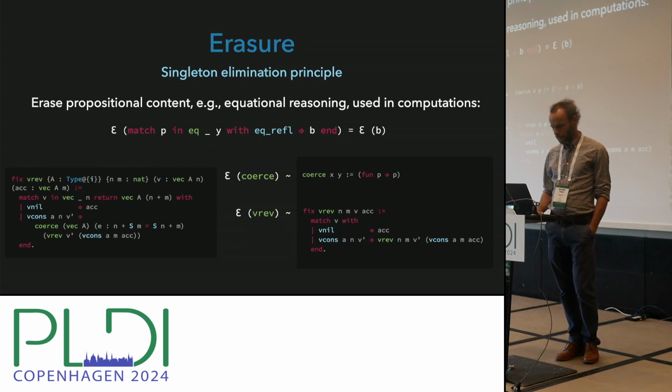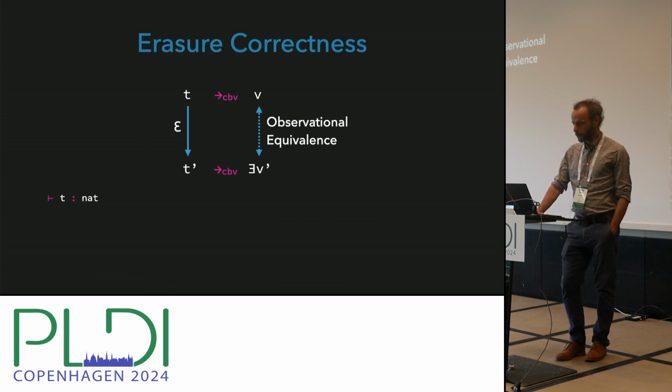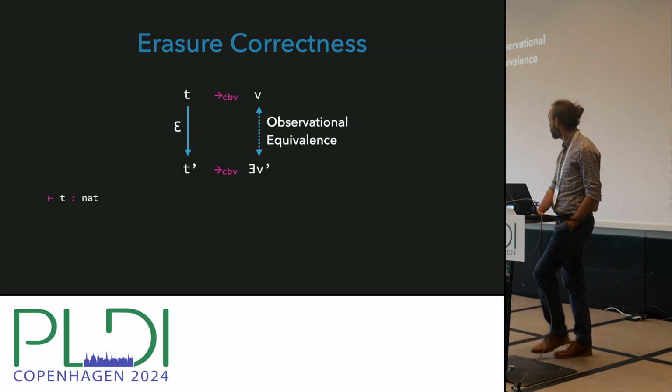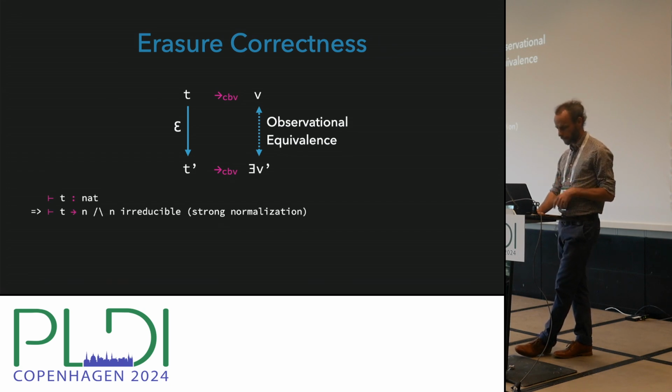Okay. So we've shown correctness of this erasure procedure, basically telling us that if in Coq I have a term t that evaluates in call-by-value evaluation to a term v, then the erasure of t will evaluate to an observationally equivalent value.